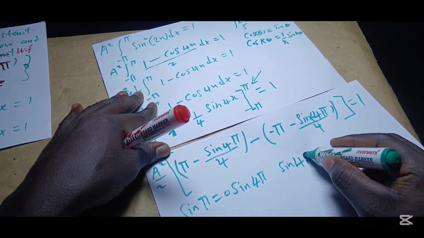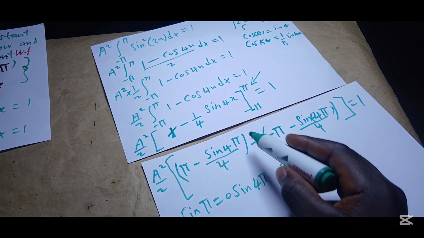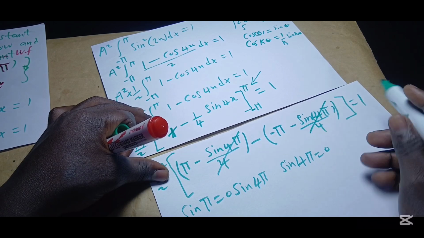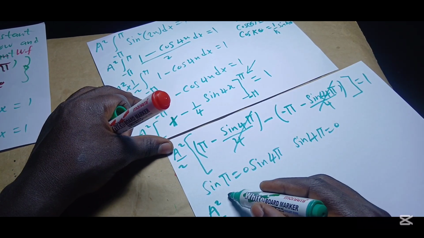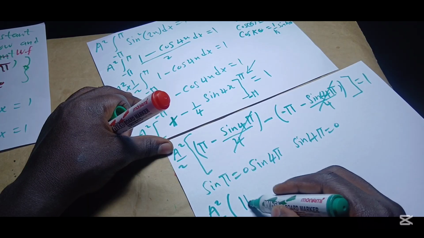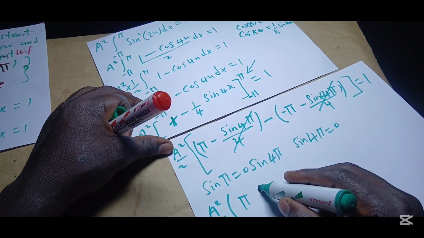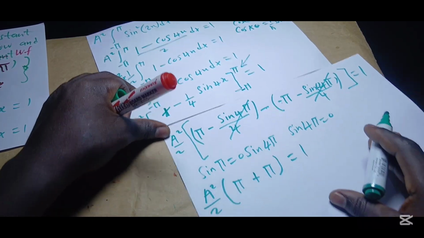So sine 4 pi gives you 0. So we have sine 4 pi here giving us 0. So this term becomes 0. And we have sine 4 pi here. This term becomes 0. So we are going to have a to the power 2 over 2 into bracket. This remains here, pi. And what else do we have here? Negative pi giving us positive pi. So positive pi into bracket equal 1.